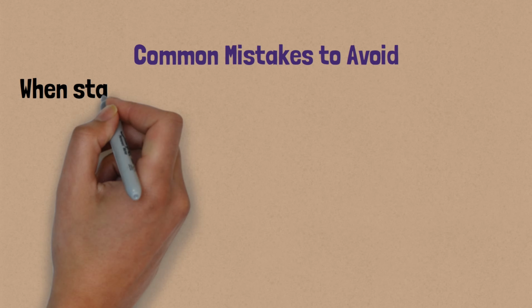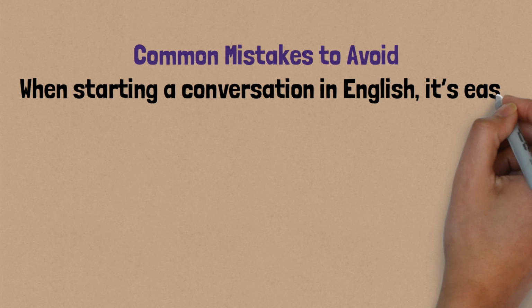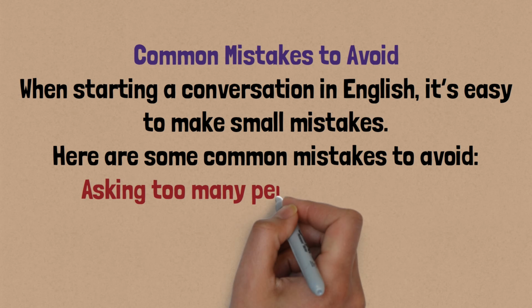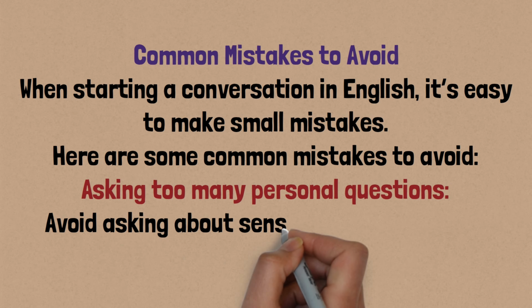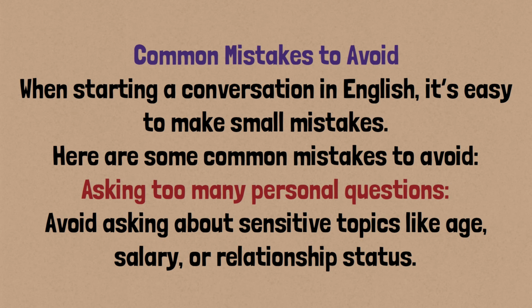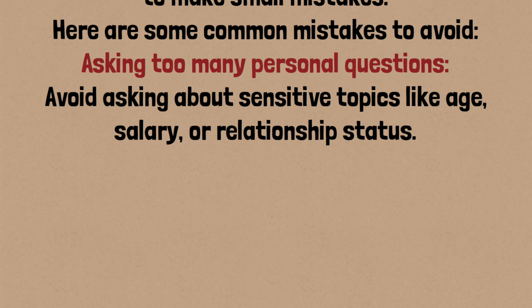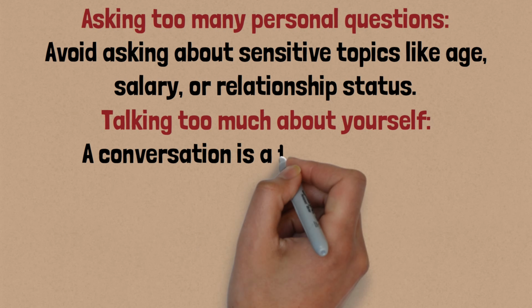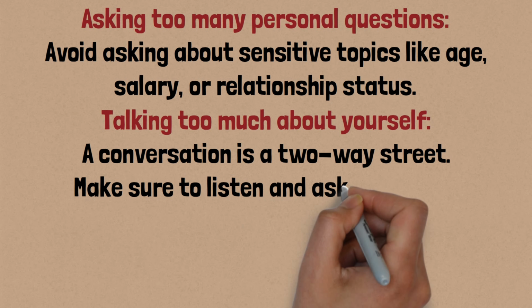Common mistakes to avoid. When starting a conversation in English, it's easy to make small mistakes. Here are some common mistakes to avoid. Asking too many personal questions. Avoid asking about sensitive topics like age, salary, or relationship status. Talking too much about yourself.